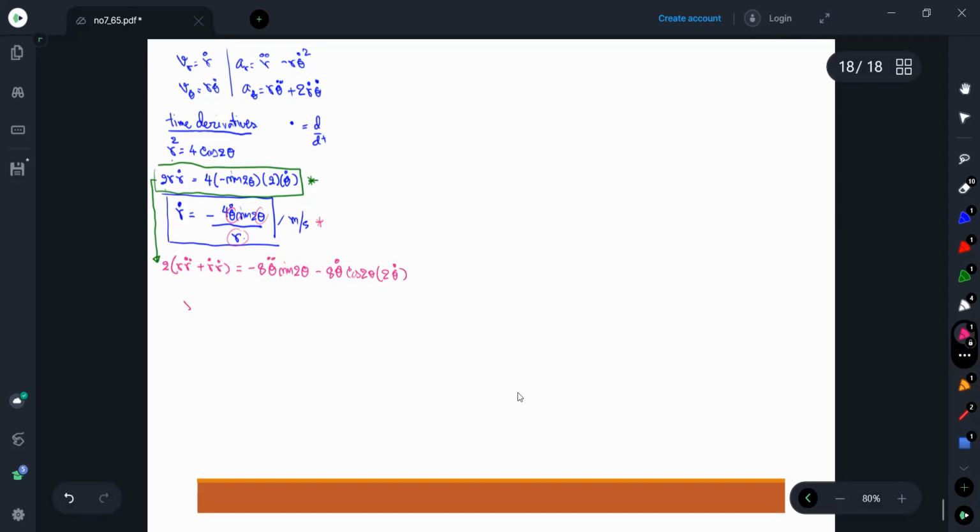As you may work out by yourself, we obtain r double dot equal to minus 4 theta double dot sine 2 theta plus 2 theta dot squared cosine 2 theta, minus r dot squared, divided by r. We obtain this term now.